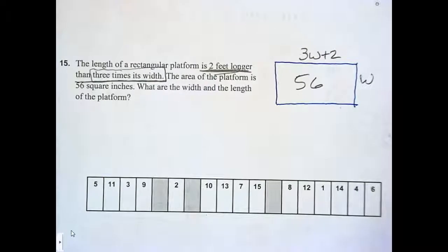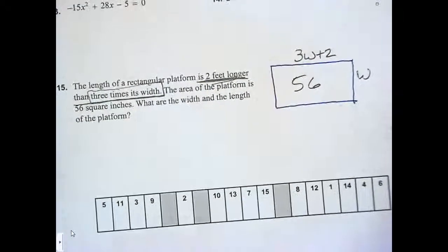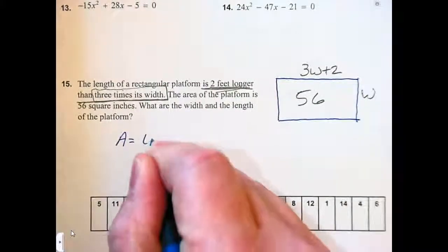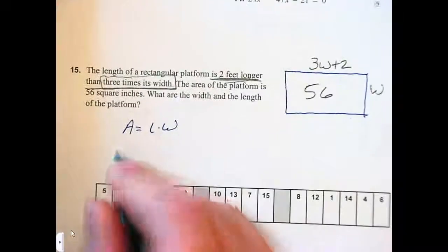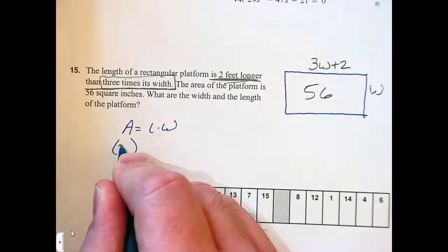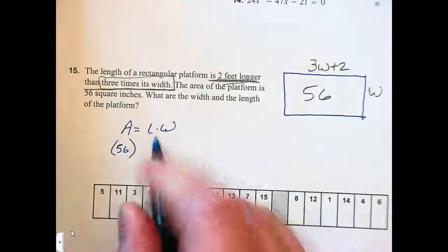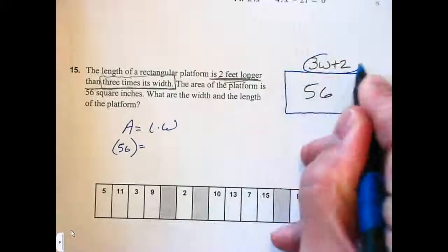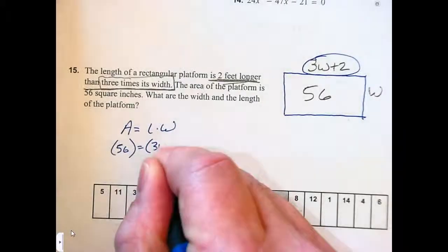Jonathan, how do you find the area of a rectangle? You do multiply the length by the width. So, plugging all the things we know, what's the area? 56. What's my length? Go back to here. 3W plus 2.